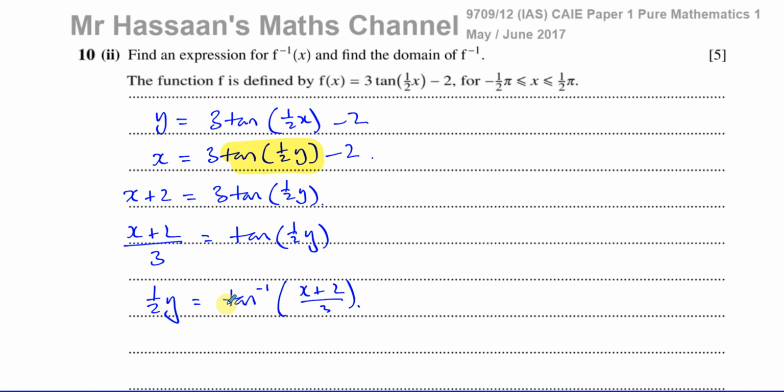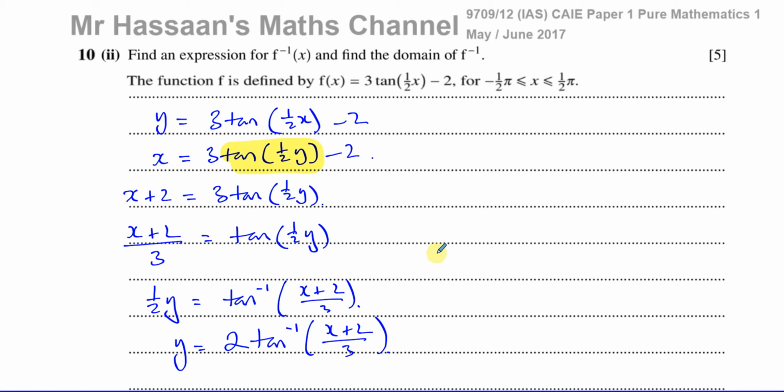And then I can just multiply by 2. So y is going to be 2 times the inverse tan of x plus 2 over 3. And there we have our expression for the inverse function. Okay, that's the answer for part 2, the first part of it, the expression.